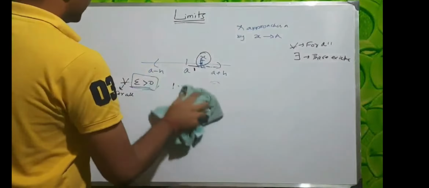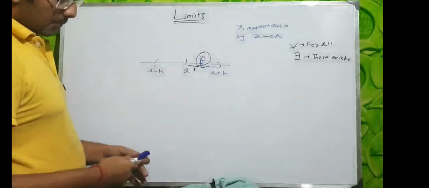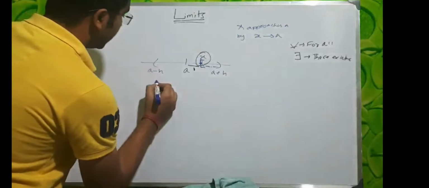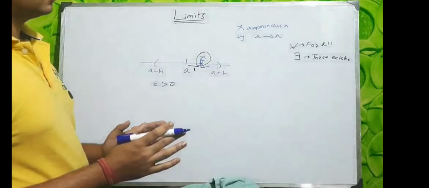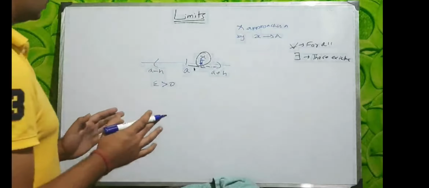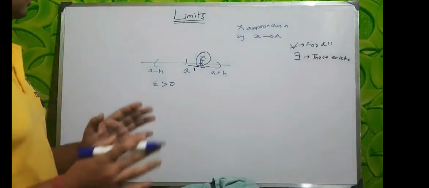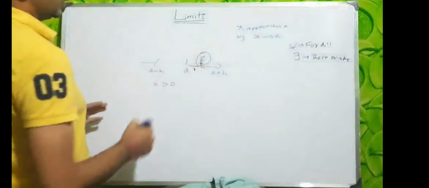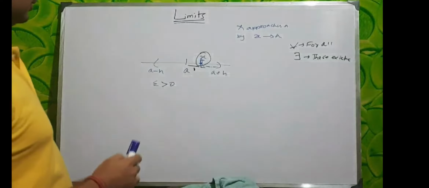What I am trying to say here is that if you give me an epsilon greater than 0, it could be any epsilon, it works for any epsilon. Even if you can't think of an epsilon which is much smaller, it should still work for that x. So when will that work? That is the question.